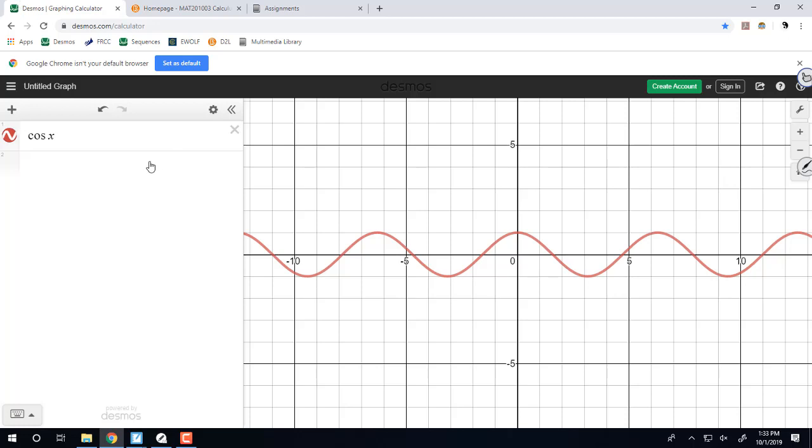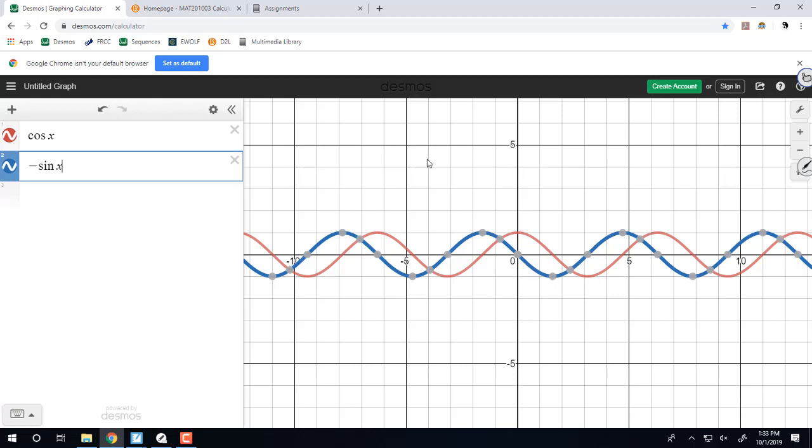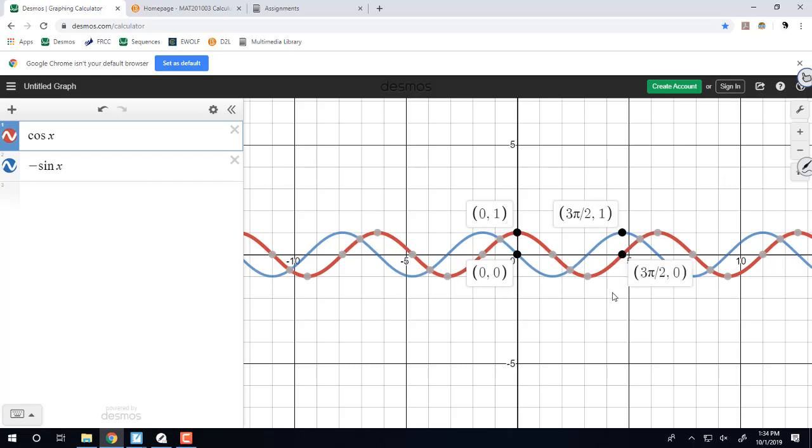So if we put in here negative sine, notice everywhere the function cosine has a horizontal tangent, the slope of that tangent line there is 0, therefore the graph of its derivative is 0. Horizontal tangent here, the derivative has a 0 there.